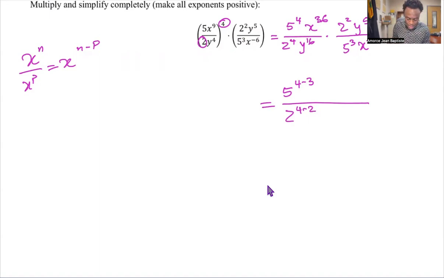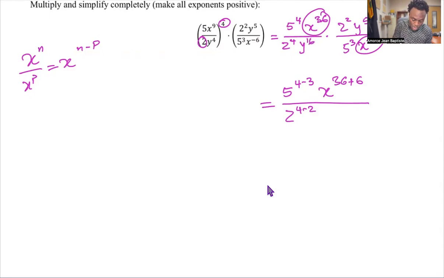And let's look at the x's. X to the 36, x to the negative 6. The result will be kept on top, and the 6 will be moved up. So that will be x to the 36, instead of minus 6 becomes plus 6, right? And then the last thing would be y. Y would go to the bottom because 16 is bigger than 5.